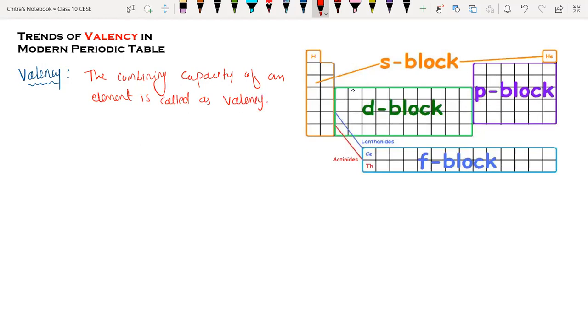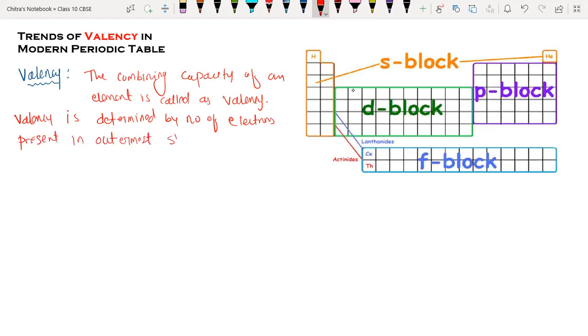Valency is determined by the number of electrons present in the outermost shell of an atom.